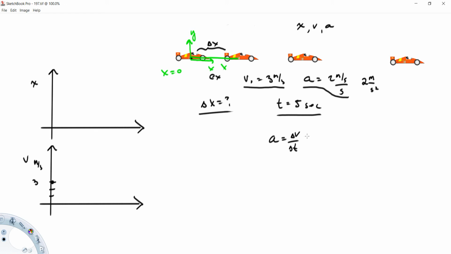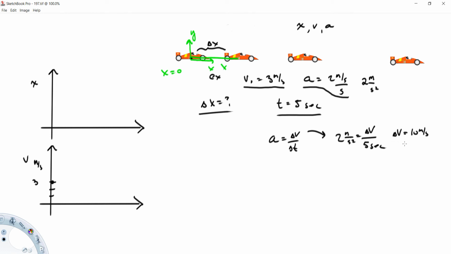The acceleration, I'm going to rewrite this equation over here, is known to be 2 meters over seconds squared. And that's equal to a change in velocity over our change in time, which is 5 seconds. I'll leave this as an exercise to the reader, but if you multiply both sides by 5, you get 10 meters per second out of this.